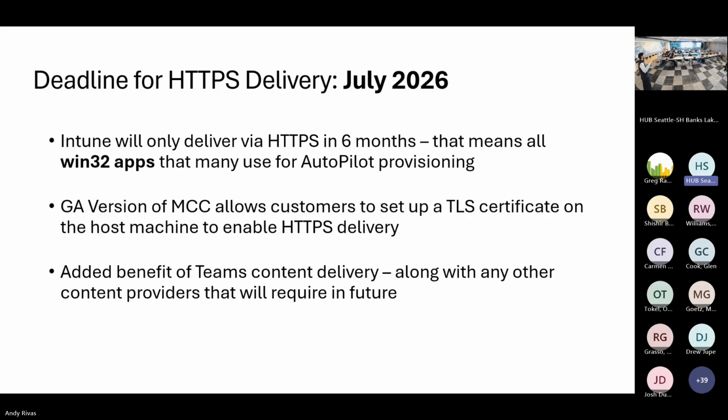That is all delivered via Intune Win32 apps. An added benefit along with the Intune apps, if you set up HTTPS delivery, is that Teams content is also only delivered via HTTPS. If you set up the TLS certificate on MCC, you will also be able to deliver Teams content. Next slide.